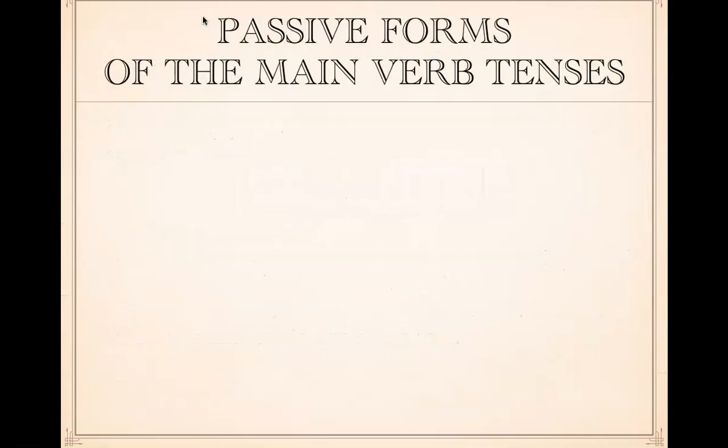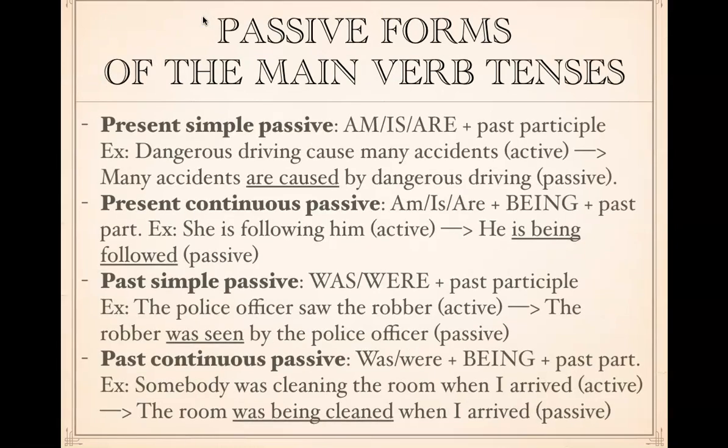Okay, let's see some passive forms of the main verb tenses. Here we go with the present simple. Basically, the form of the passive is to be followed by the past participle of the verb that describes the action of the sentence.